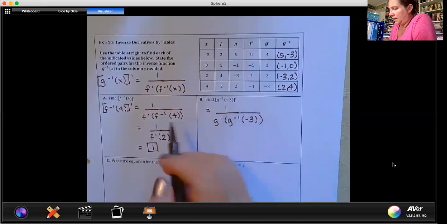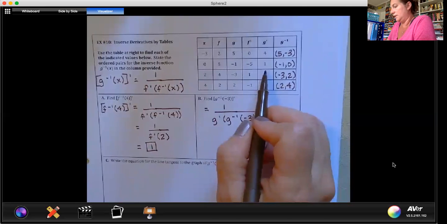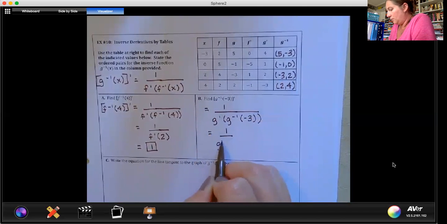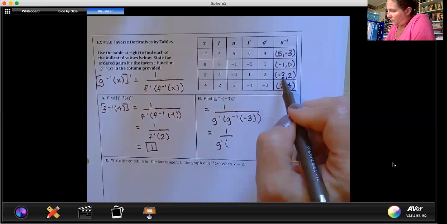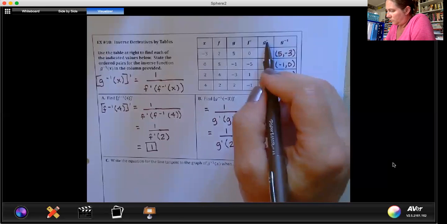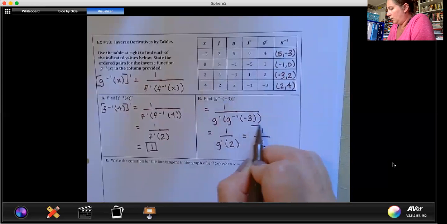So because we were looking at F here, we kind of read these backwards. Because we're looking at G, we're going to read them forwards. So the inverse of G of -3 would be 2. And 1 over G prime of 2 is 2, so 1/2.